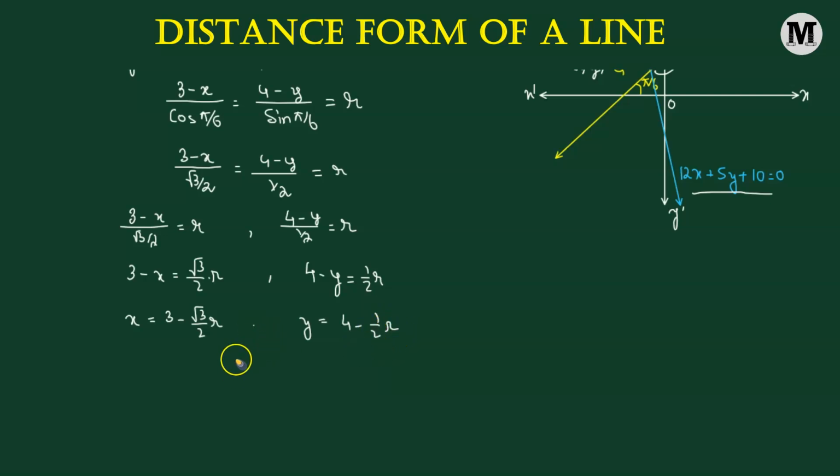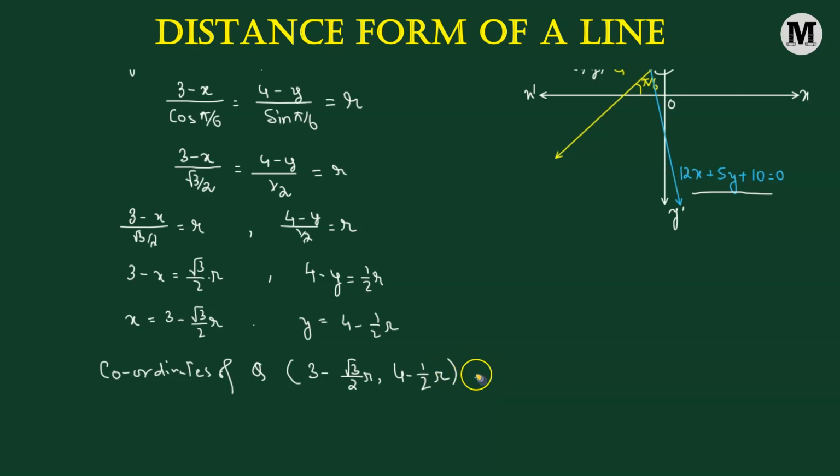Okay, now we have obtained the coordinates of the point Q: 3 minus square root of 3 over 2 times r, comma, 4 minus half of r.